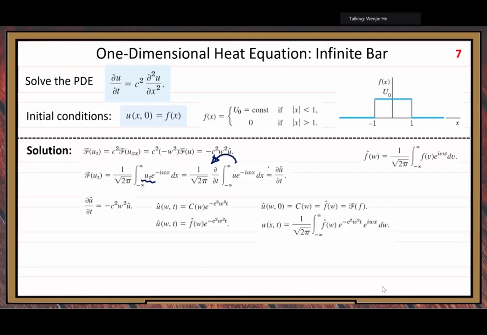So in these two places, you have complex content, and you want to find a way to remove the imaginary part. Let's replace the Fourier transform by this integral expression. So we have a double integral, but we change the order slightly.